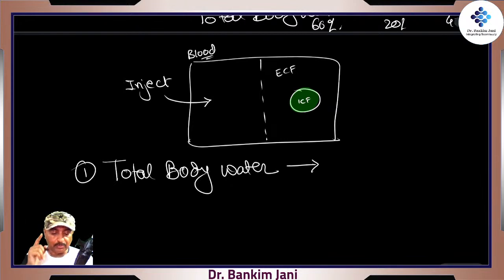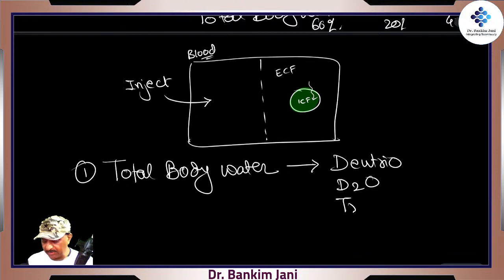That means it should go into the ECF. At the same time, it should pass through and go into the ICF also. It means it should pass through the cell membrane, because you are injecting into the blood. Such substances are like deuterium or heavy water, which is called D2O, or tritium.